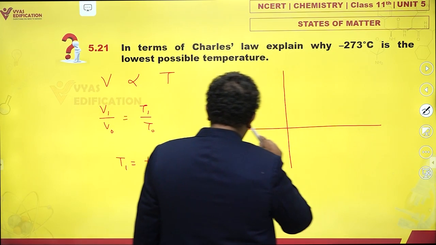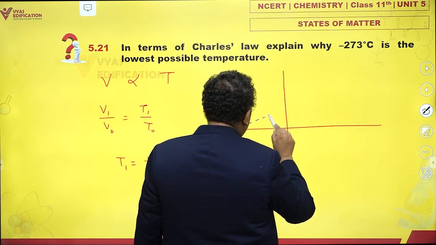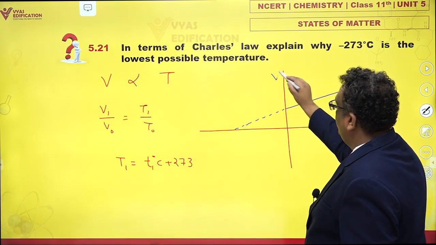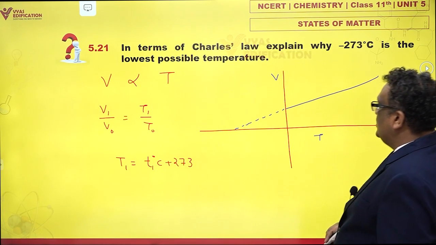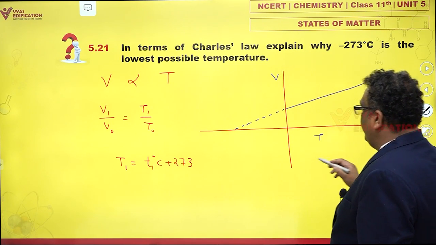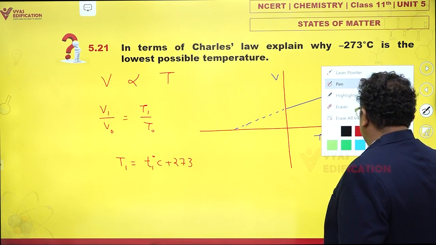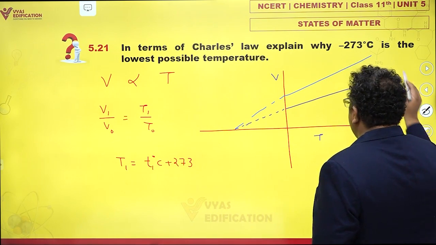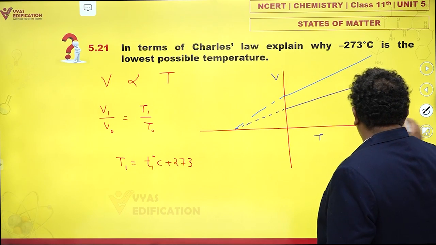You would discover that whenever volume versus temperature is being measured, and if you plot all of these graphs, first of all, these are lines of fixed slope.